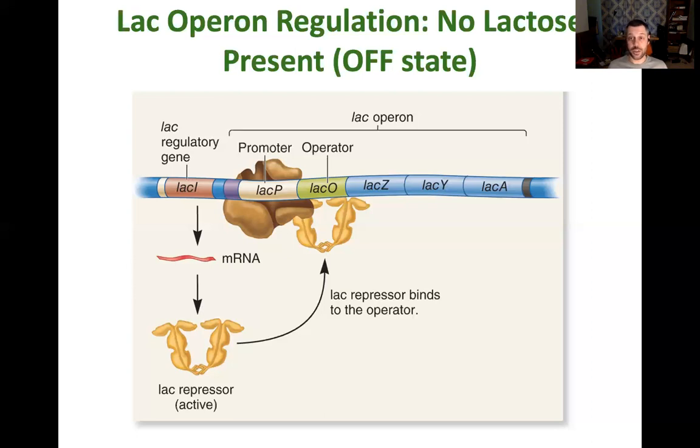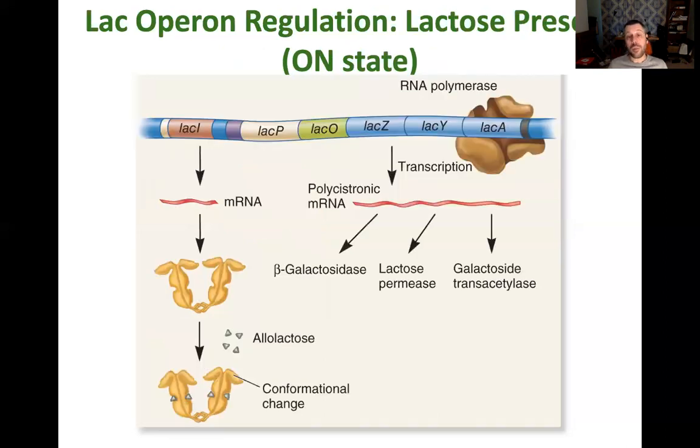So in the absence of lactose, this is the situation, which is most of this cell's existence, right? So for most of the time, this operon is not transcribed. But if this DNA is present in a bacteria in your gut, and all of a sudden you eat a pizza, then you've just ingested a whole bunch of cheese. You've just sort of flooded your gut with lactose, in effect.